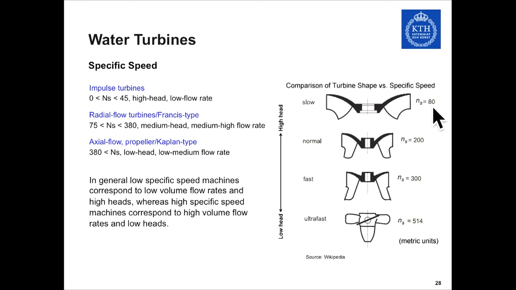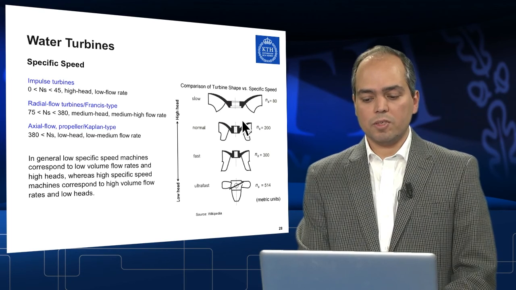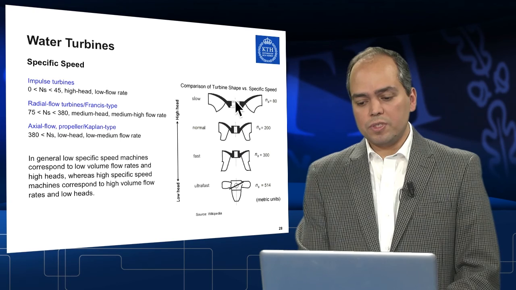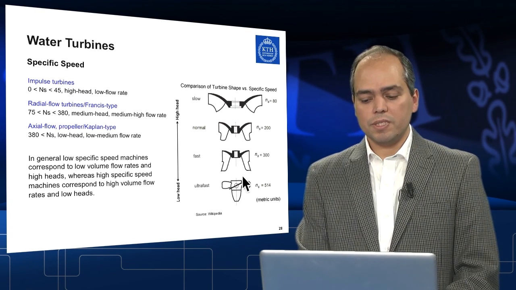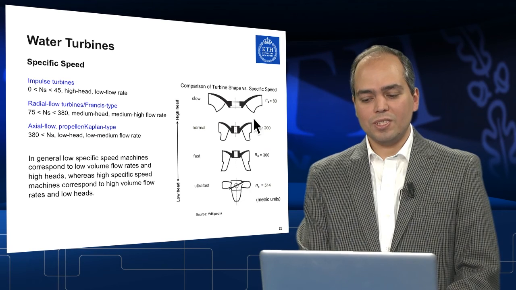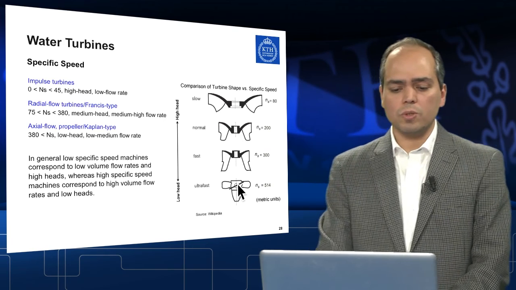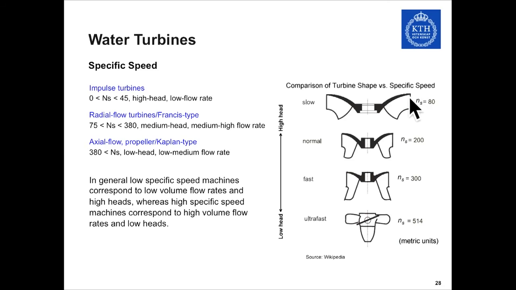So each specific speed is now related to a specific shape of the turbine, as you can see. Probably you can notice that we are changing from the shape of the runner blades toward the cup line. So it looks more like a Francis turbine here, and then it goes to the cup line. And in fact, it's true, because the impulse turbines are located below this range. So they have a specific speed of less than 45 in the units that we mentioned before.